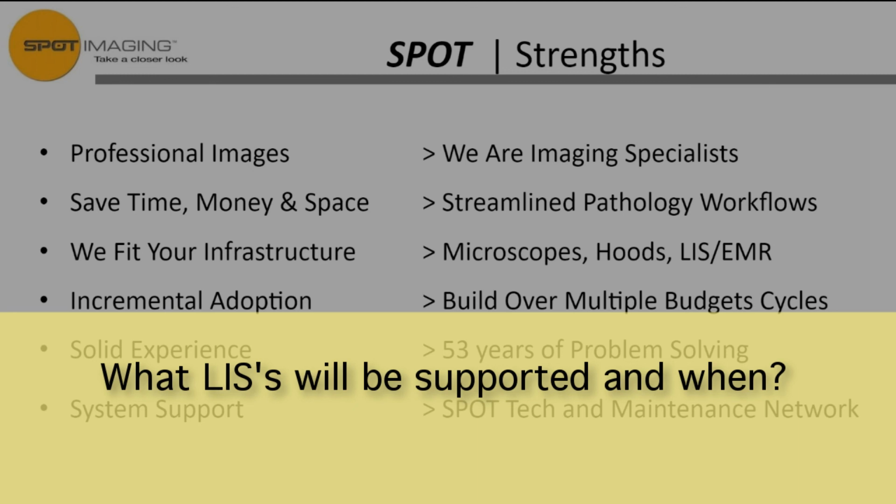That would be followed by the Cerner Millennium interface. We believe that should be released in the October timeframe, and almost simultaneously we'll be looking to start to work with the Ventana Vantage interface.